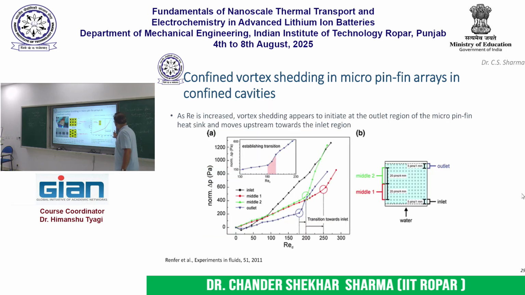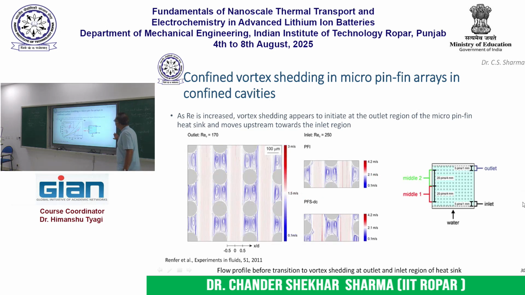Okay, so if we look forward, so here are the streamlines of flow when the Reynolds number is small, and you can see here in between these micro pin fins the flow behaves as if it is flowing through a microchannel, and between these pairs of micro pin fins you have these recirculation zones.